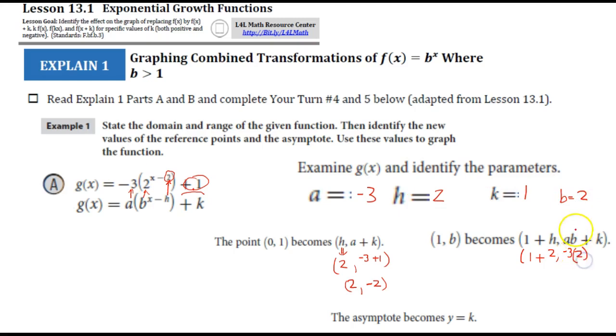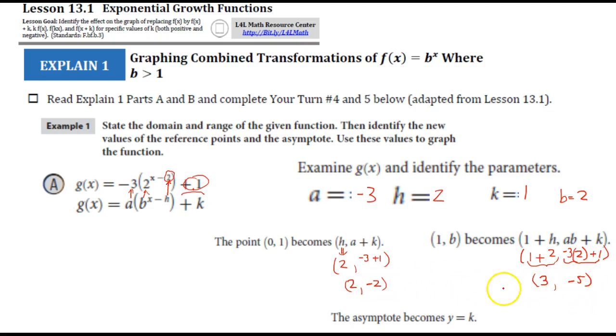Our b value, which is 2, and our k value, which is 1. Let's take some time to simplify this out. What's 1 plus 2? 3, right? Take some time to simplify out -3 times 2 plus 1. And that would be -5.